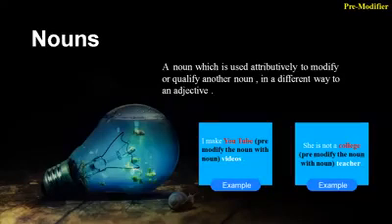A noun which is used attributively to modify or qualify another noun, in a different way to an adjective. Okay, this may create confusion in you because here a noun modifies a noun. This example: I make YouTube videos.